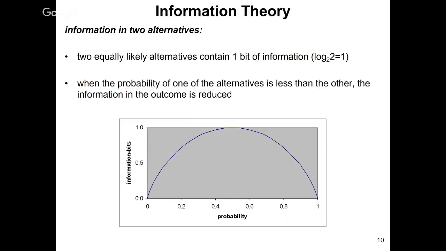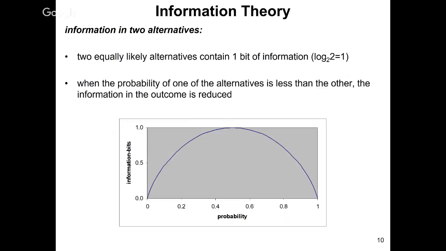So you can see right here at 0.5, the probability of 0 or 1 is identical, and that's where it's at 1 in terms of bits of information. So you get to 1 bit when the 0 or 1 is equally likely. But once you move in either direction, the amount of information you get is less.